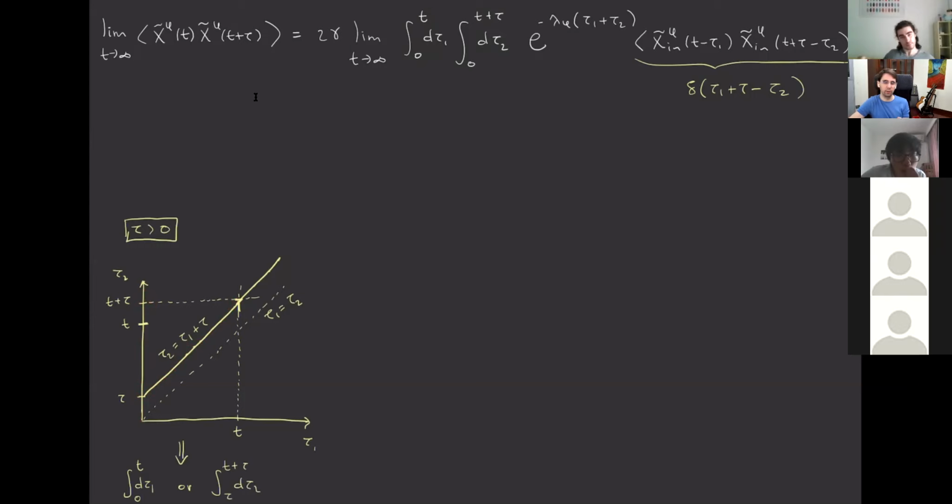So either you do integration in tau1 or in tau2, and the integration limits are different, okay? All of them span over a time t, but from different origins, and that's it.